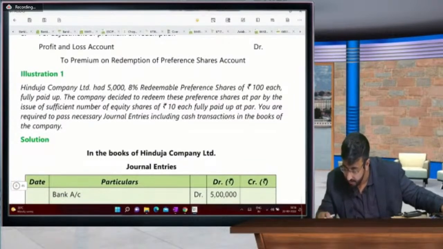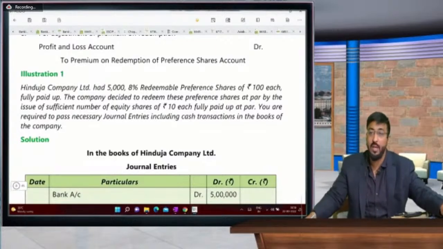Pavitra ji, please refer my last session. You will get this answer. Should I start now from illustration number 1? If you are clear with this, today's action day. So every one of you now, please write it.